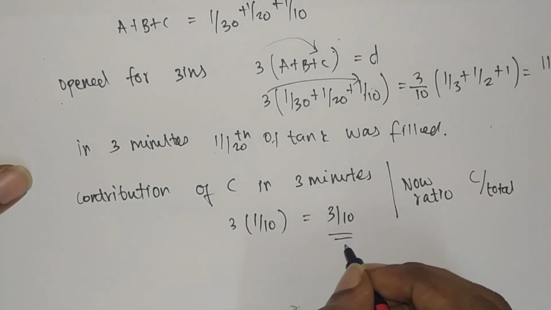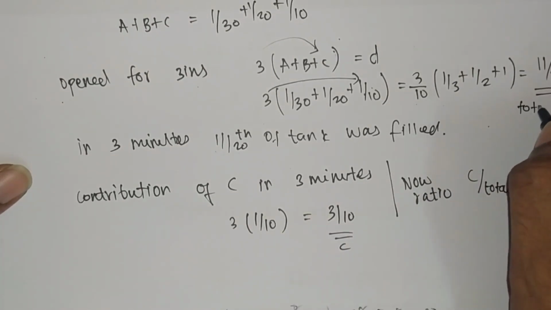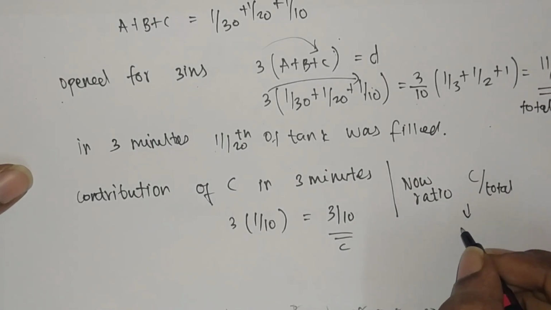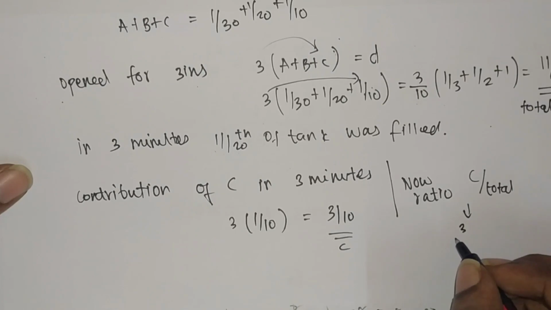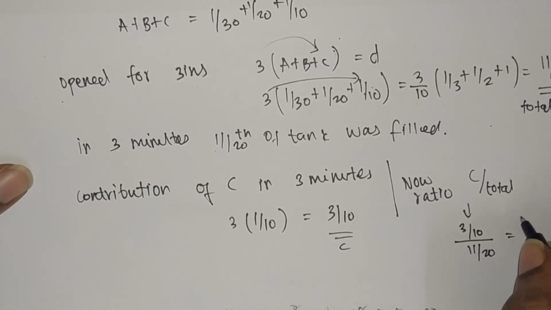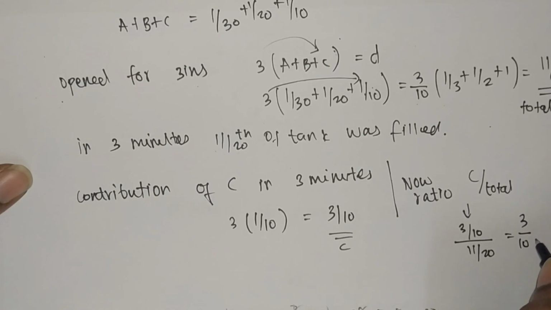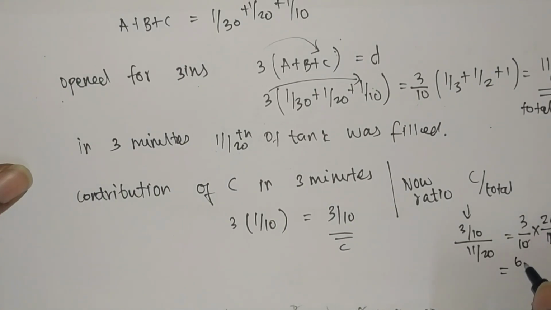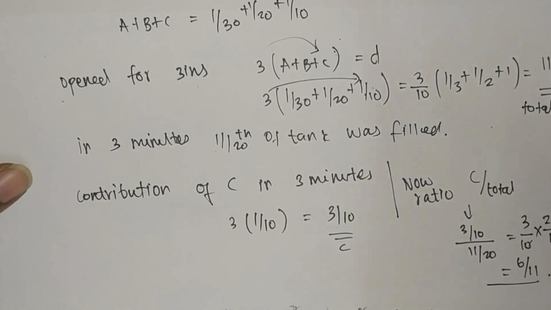C is 3 by 10 and total ABC is 11 by 20. Now calculating the ratio, which is 3 by 10 divided by 11 by 20, equal to 6 by 11. So the ratio of C with respect to A, B, C for 3 minutes is 6 by 11.